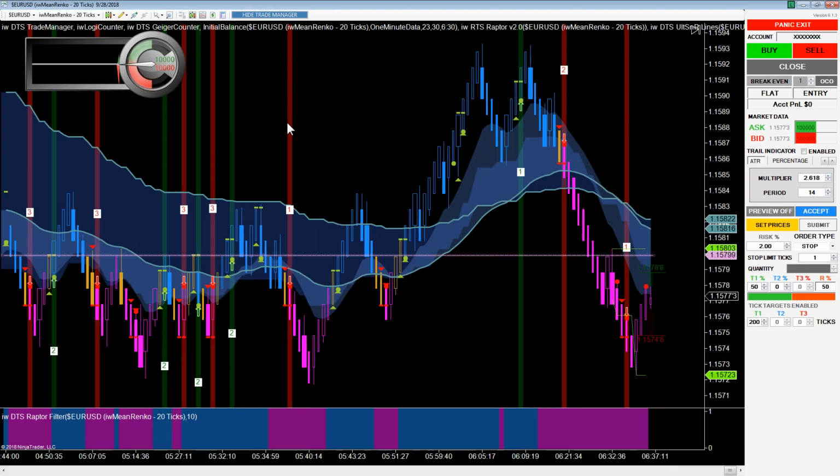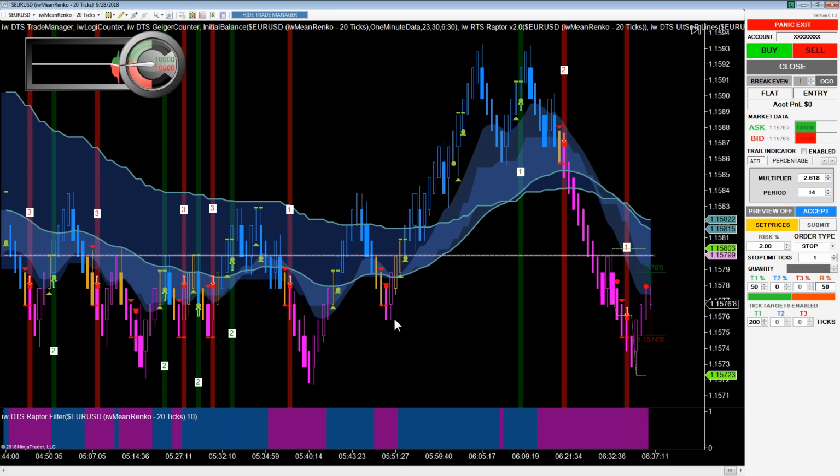Okay, so most of the time, most markets, the default values will work just fine. Occasionally, however, we need to tweak our values a little bit. Here with the Euro US dollar pair, I've actually increased the brick size from the default, only because with the Euro US pair, the market seems to unfold a little bit faster. Now, you don't need to make them larger. You can go with the default sizes.